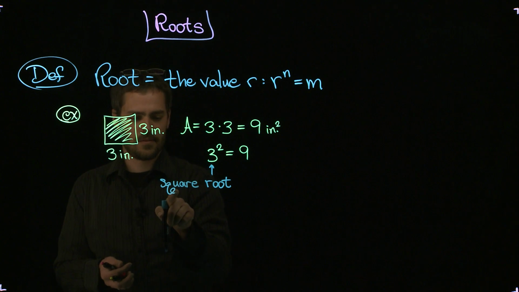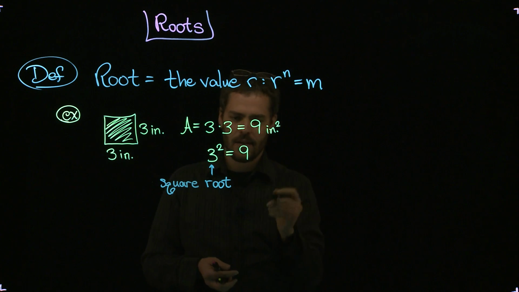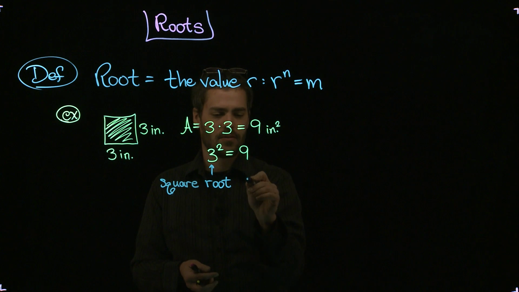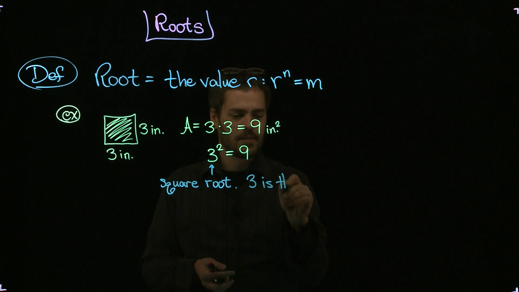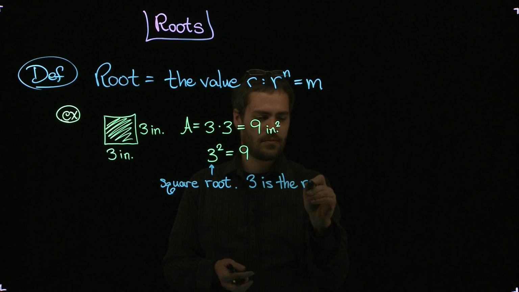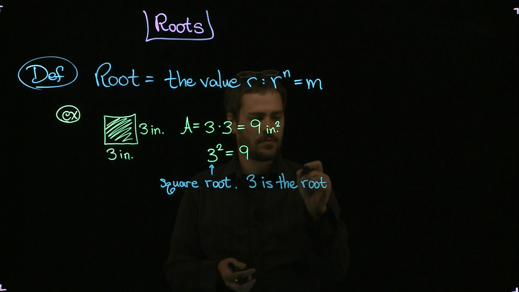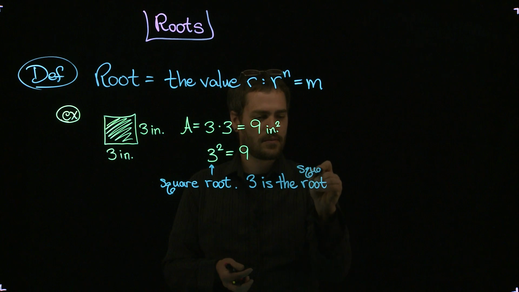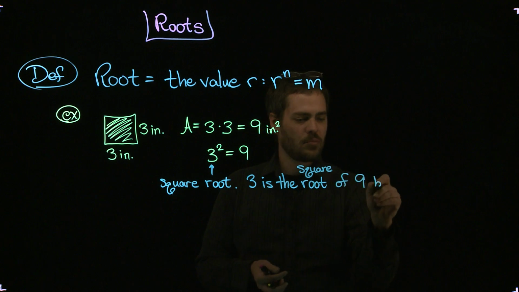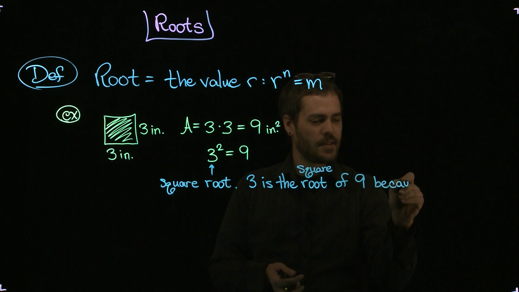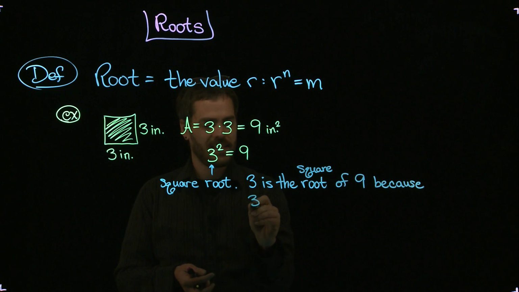And in words, I could say that 3 is the root, I should say square root, write that above. 3 is the square root of 9 because, and here's the essence of it, because 3 squared is 9.